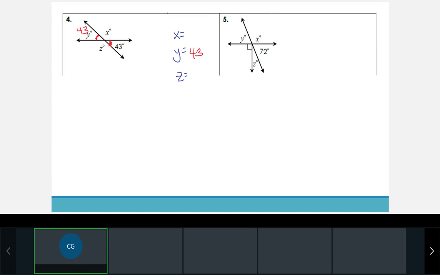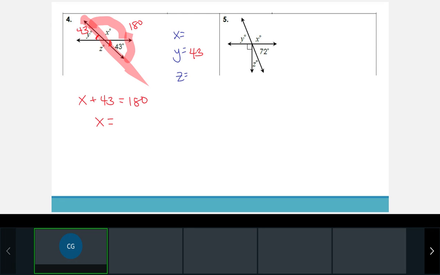Now what I'm going to do is look at my lines. So let's see here. Here's a line. And together, this angle and this angle has to be 180 because that's what a line measures. Okay, they're a linear pair. So x and that 43 together has to make the line, or the 180.